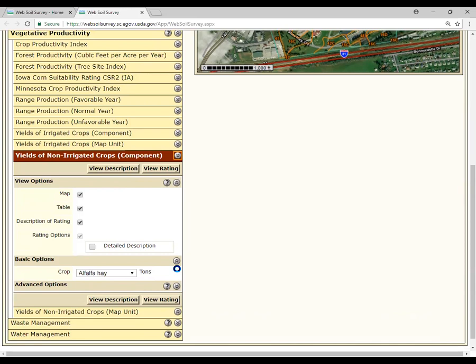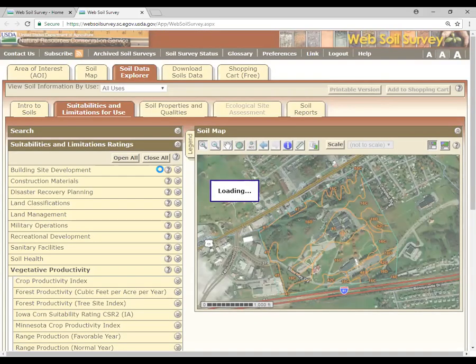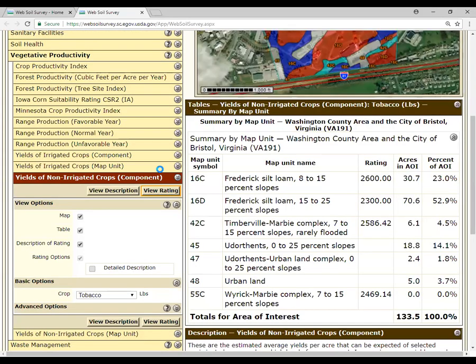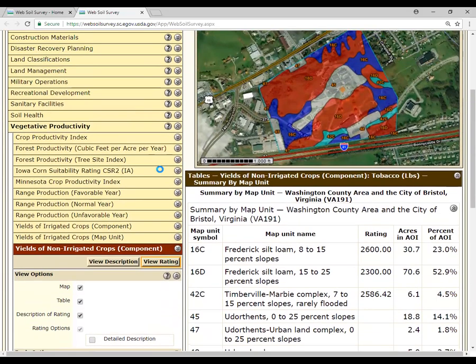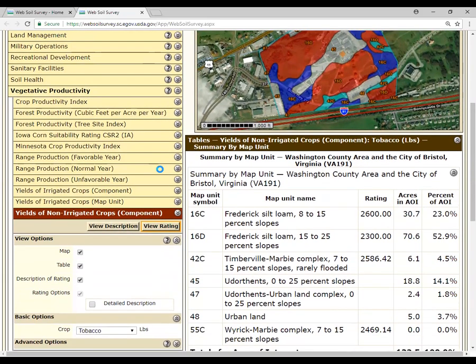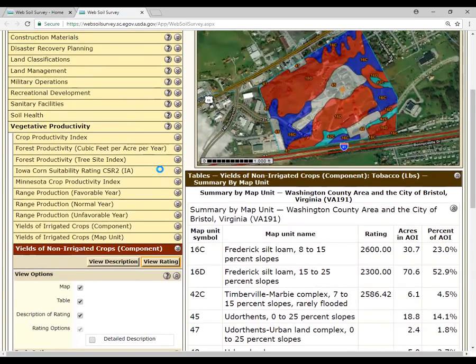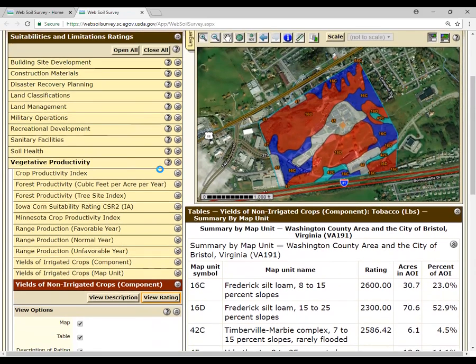So let's just say we want to grow tobacco. We can actually click on view rating here, and it gives us a percentage and a rating of how much tobacco we could produce in pounds on each particular soil type. So it's pretty useful, really, and I just want you guys to play around with that.